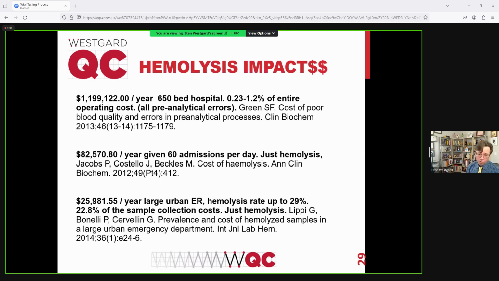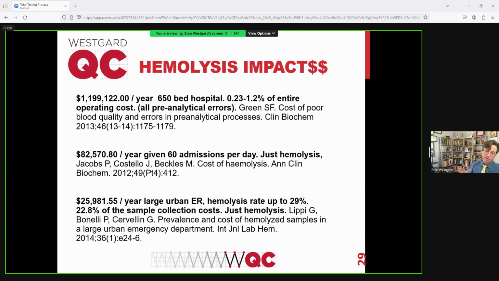Something a little more focused, just looking at hemolysis. This is from a UK study, but I did the exchange rate. So in 2012 dollars, it was $82,000 a year if you have a hospital that's taking in 60 new admissions a day. A large urban ER, this is in Italy.